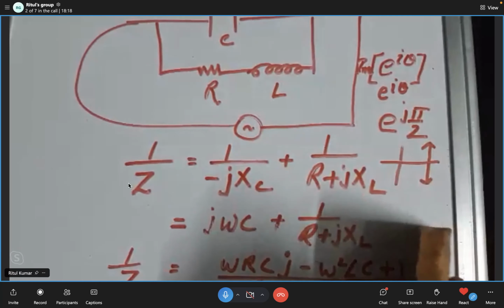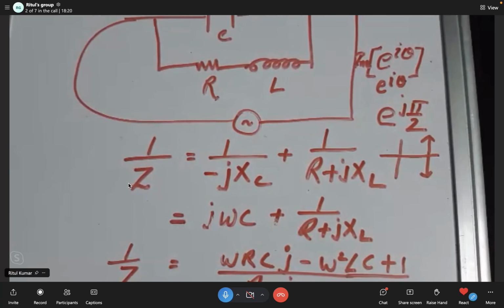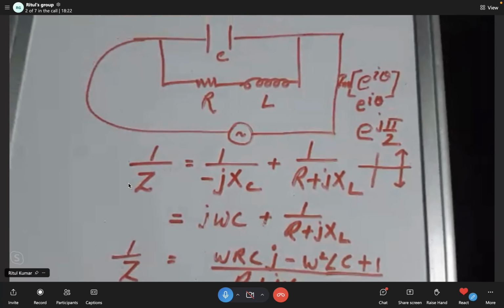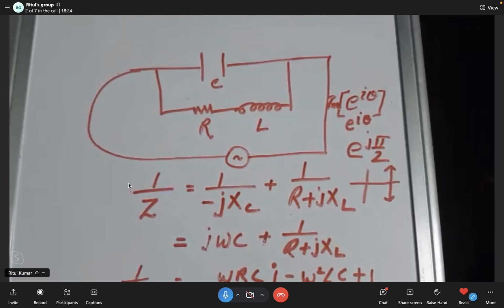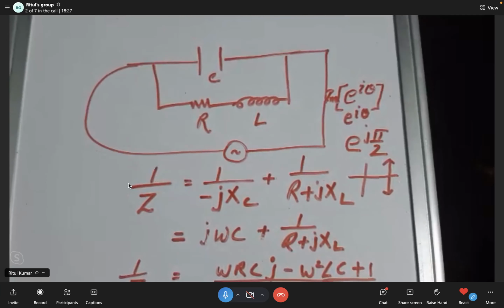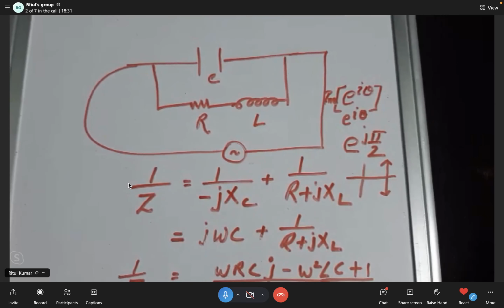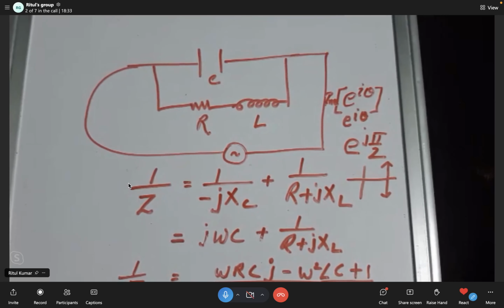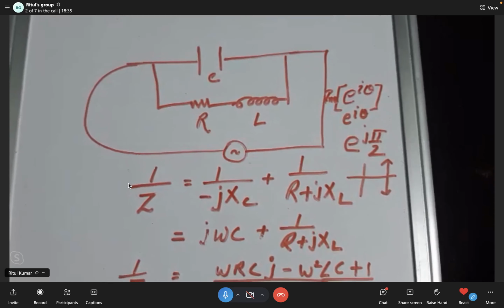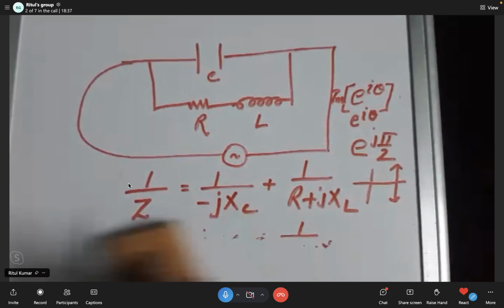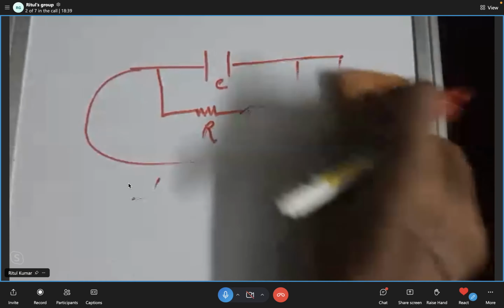May I erase this? Just 1 second. I'll write down the last step. Nothing radical left now, by the way. It's all cosmetic.